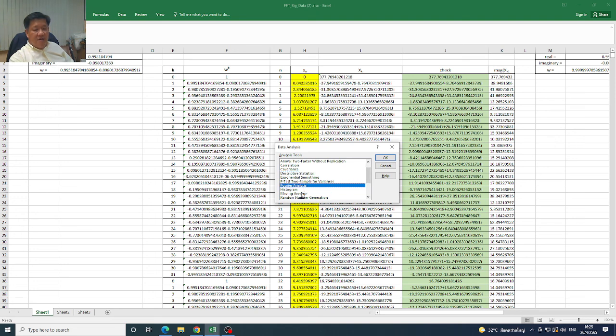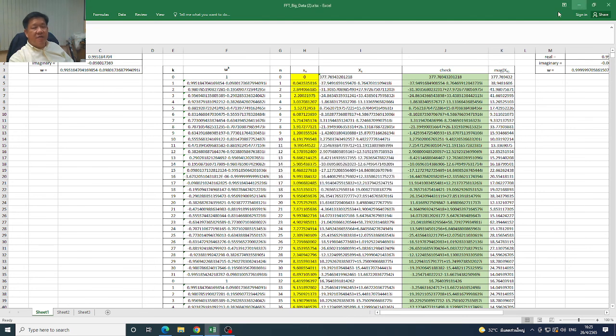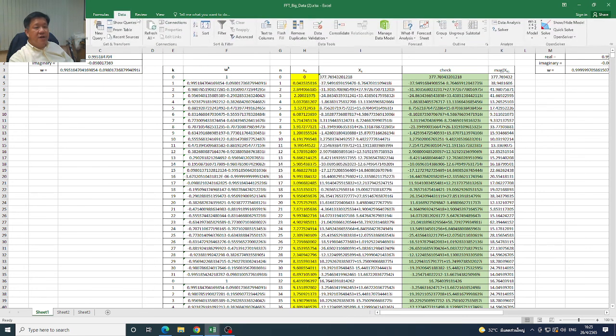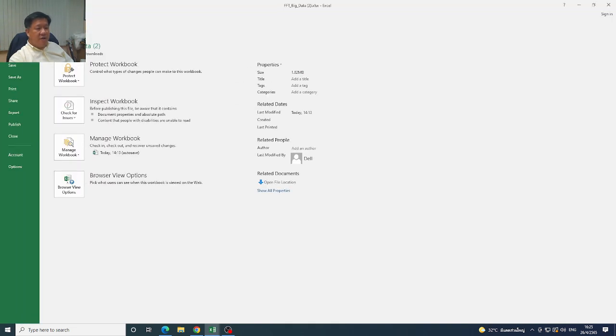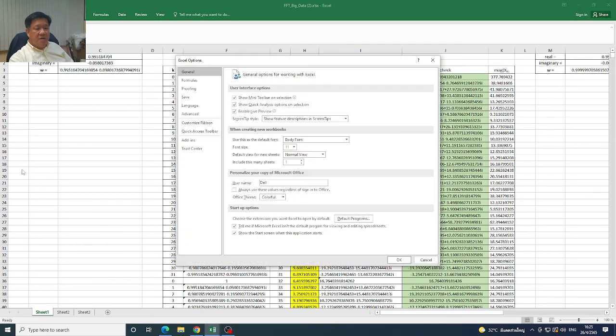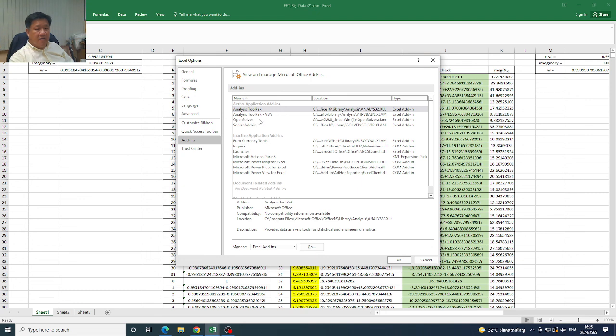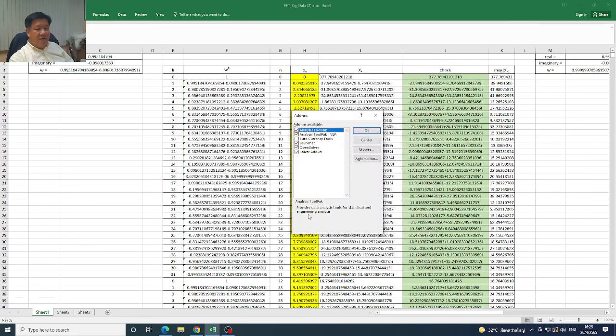If you don't have data analysis on your screen, you can install it by going to the options, and you go to the add-in function. You need to add the Analysis ToolPak, and you go to the Excel add-ins.